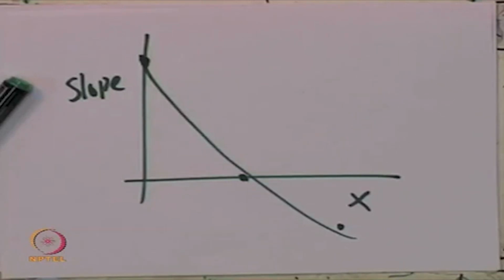When the slope, which is the derivative, itself keeps changing, we can define something called curvature. So, let us look at the next slide.